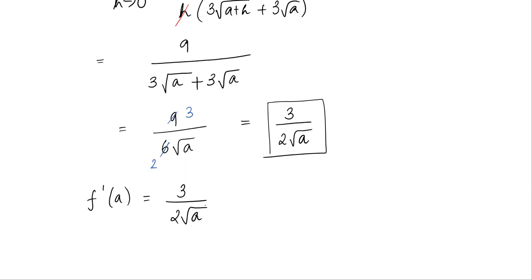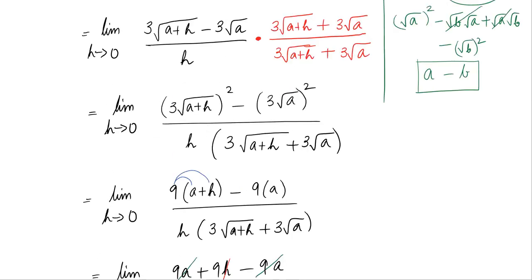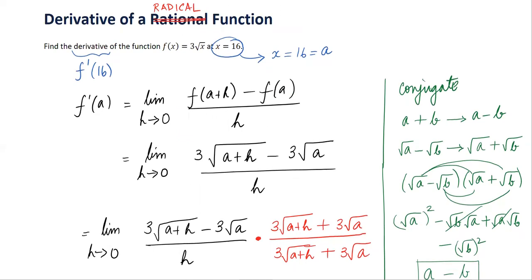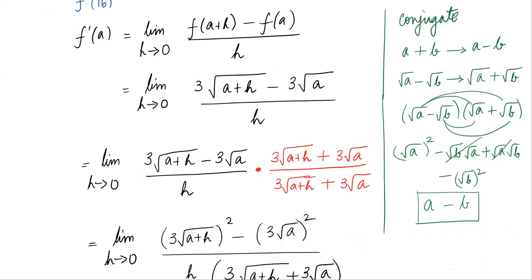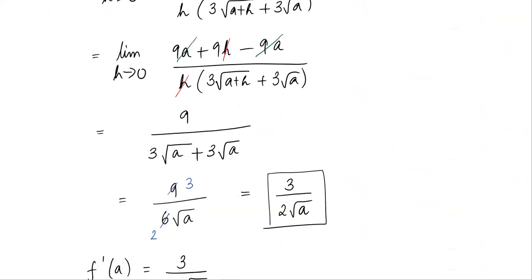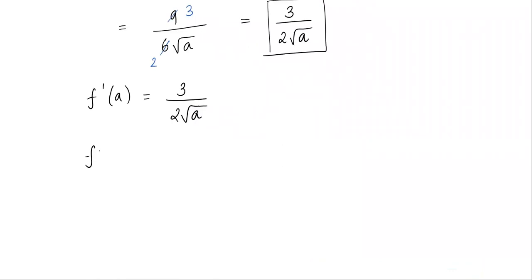We were given a to be 16, right? By the time we get here we may forget what the problem was, so let me take you to the starting point. It says find the derivative at x equals 16. So we come down here and make sure that we answer the question when a is 16. So it's 2 square root of 16. Square root of 16 is 4.